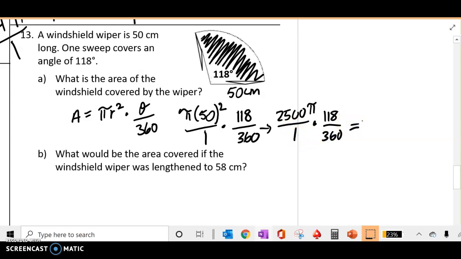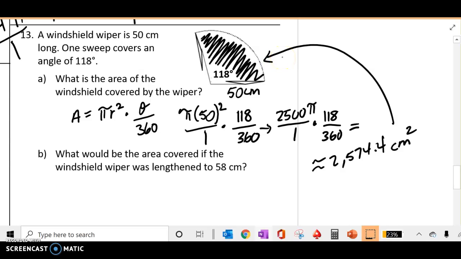Okay, so now's where the calculator comes in. So you're going to punch in 2500 times pi, and then times 118, and then you're going to divide that by 360. You should be getting 2,574.4. So approximately 2,574.4 square centimeters. That's the area of that sector right there.